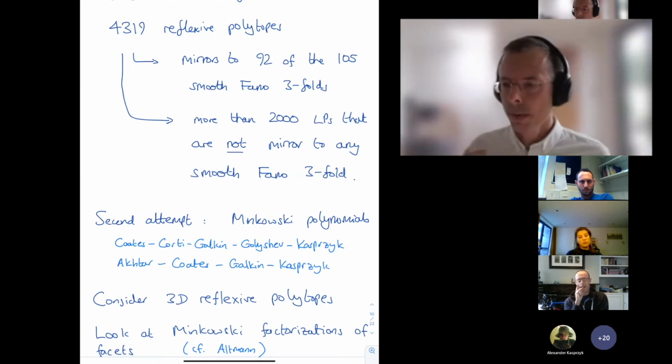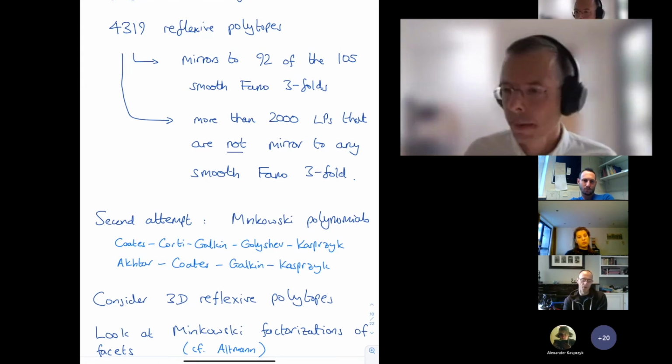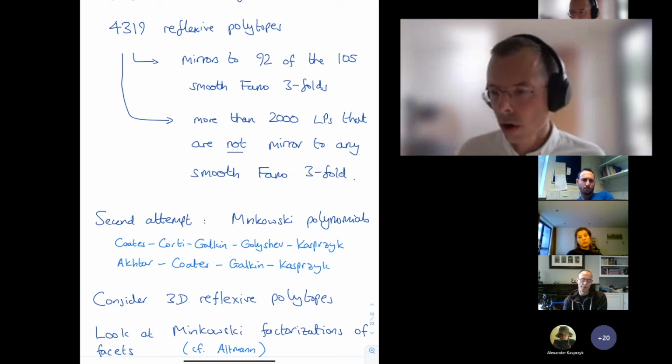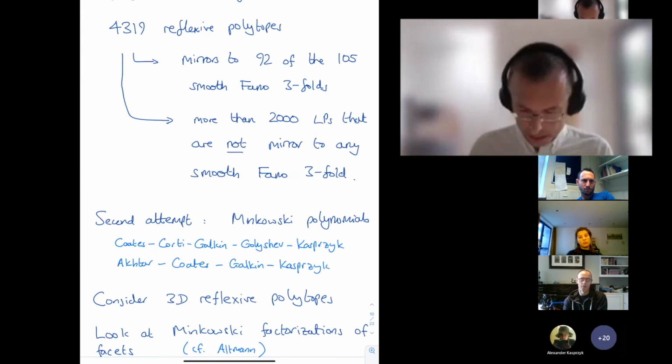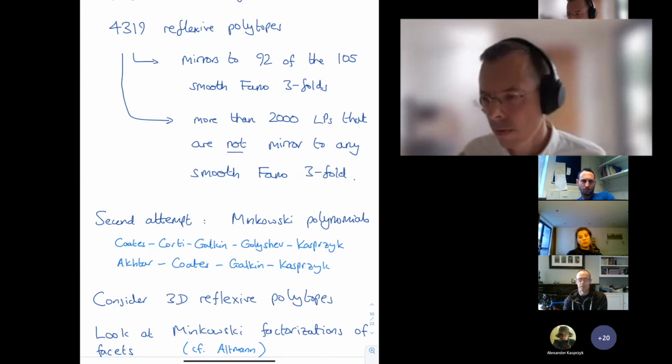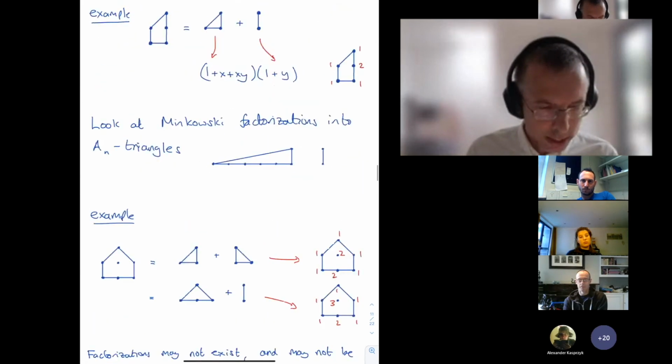If you're familiar with the work of Klaus Altmann about deformations of toric singularities, deformations of toric singularities are controlled by Minkowski factorizations of Newton polytopes. So this feels like it might be in some sense correct.